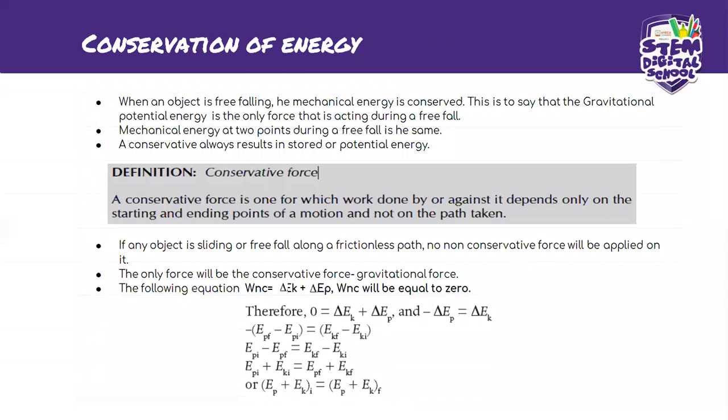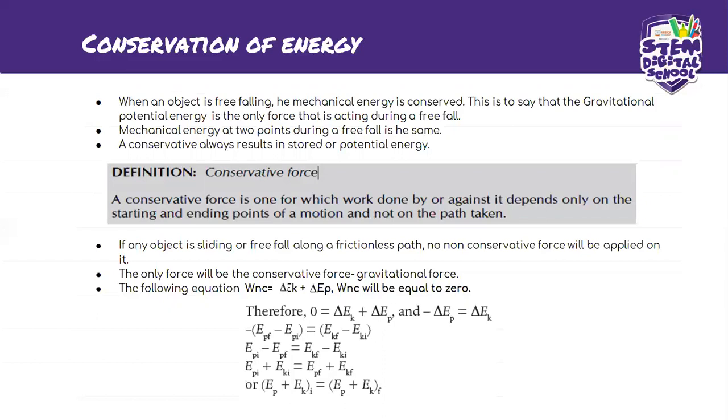So, conservation of energy. It says here when an object is free falling, the mechanical energy is conserved. This is to say that the gravitational potential energy is the only force that is acting during a free fall. Okay, which makes sense because it's in the air, it falls down, and there's nothing else that's preventing it or stopping it, for example.